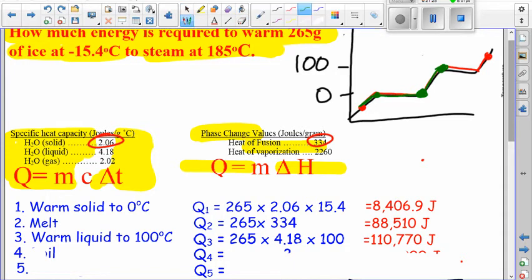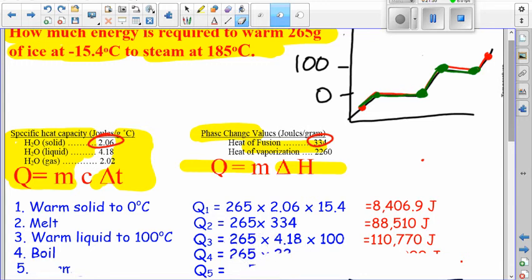Alrighty, so now we're going from here to here. Ms. Mooney, is there a temperature change in this section? No, there is not. So can we use Q equals MC delta T? Nope, because we don't have a temperature change. So we're going to have to use Q equals M delta H. So we're going to boil this now. So M delta H, what's our M, Mooney? Love it. And this is the expensive bridge up here.